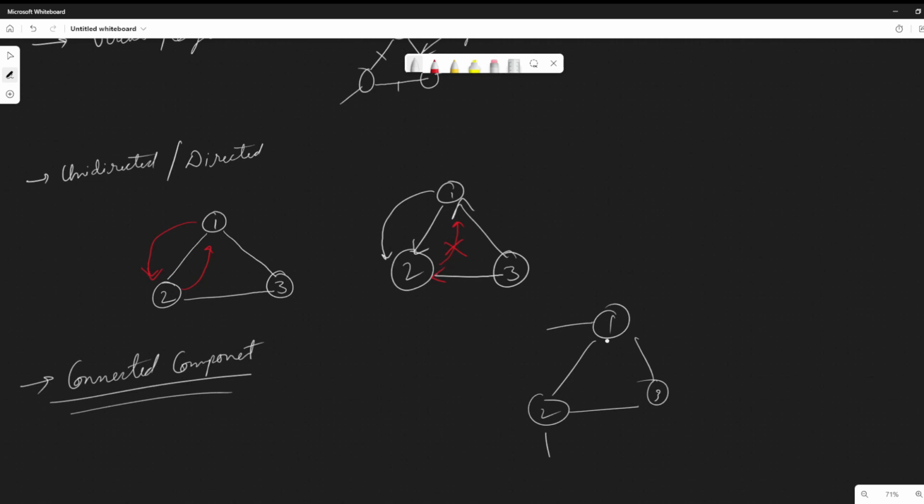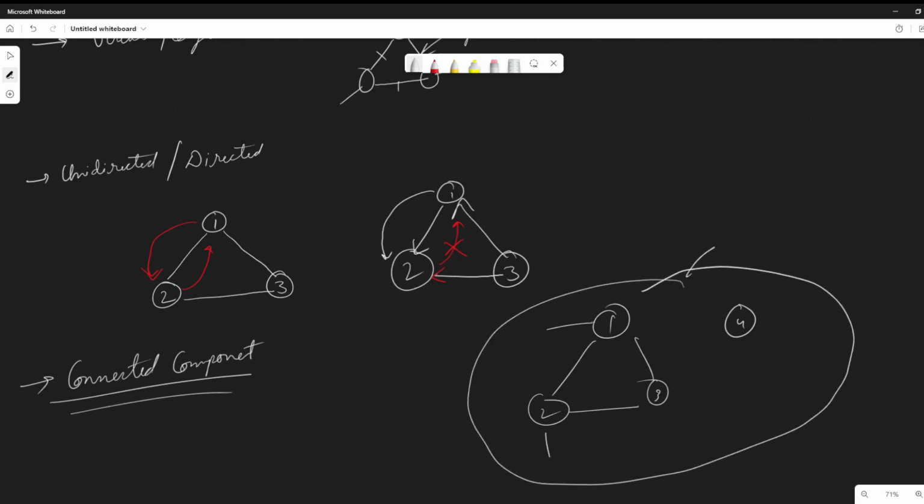But we can't reach 4, because it is a different component. This is our graph, but it is not connected with any of the nodes from this component. So we can say there are two connected components. The first one is this one, and the second one is this one.